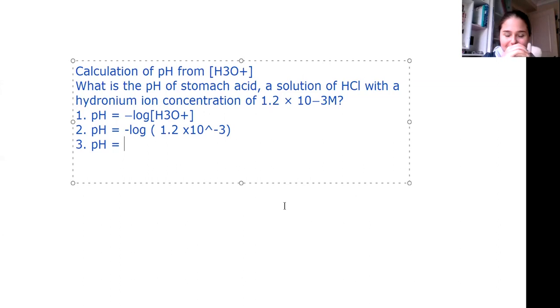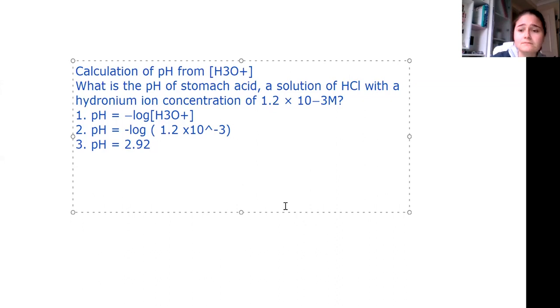I just saw that and thought, okay, what does that do? So negative 3 to get 2.9... 2.92? That's what I got. Yeah, 2.92, perfect. So that's the pH.